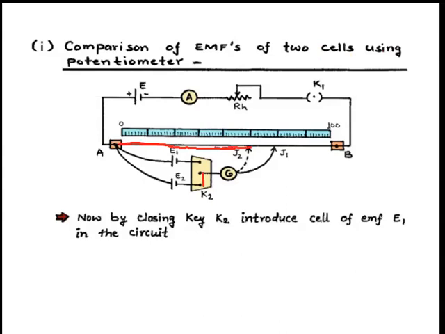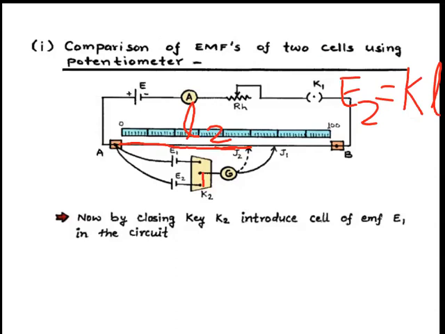We found the balance length when the jockey was at position J2. Suppose the balance length is L2. So our equation 2 will be E2 equals KL2. Right, children?